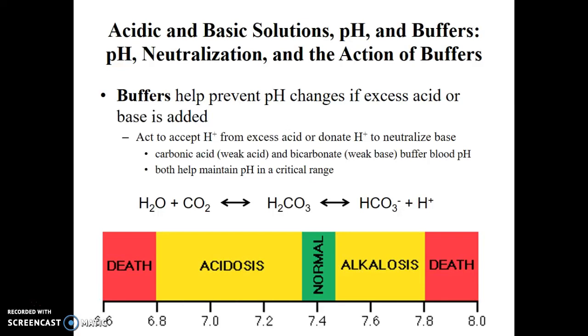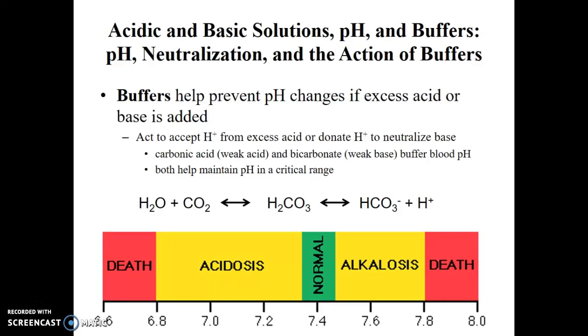The main buffer system that I talk about here is the carbonic acid bicarbonate buffer system. If we have a very acidic environment, then bicarbonate ions can pull in hydrogen ions from the acidic environment, producing carbonic acid.